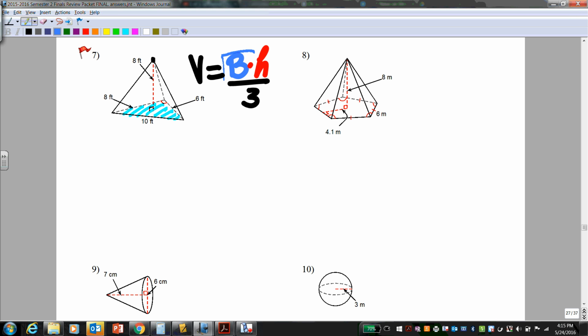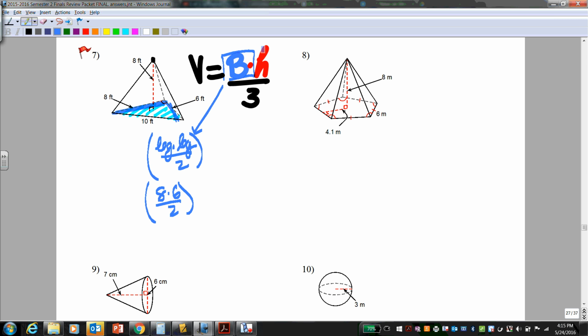And so for this one, our base is a right triangle. And the area of a right triangle is leg times leg over 2. And in this case, our one leg is 8 times our other leg is 6 over 2. Now this gets you your base.